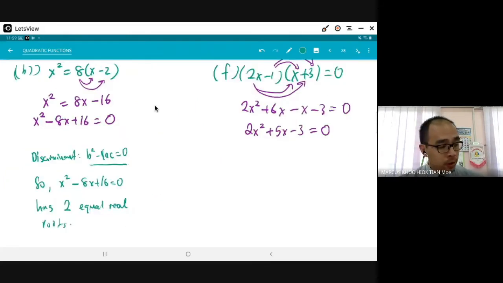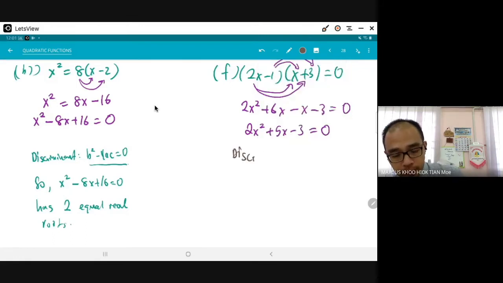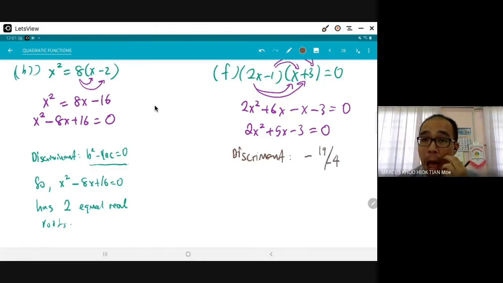Okay, what about question F? Can anybody tell me the value of the discriminant? Okay, Fikri says negative 19 over 4. Is that correct, everybody?